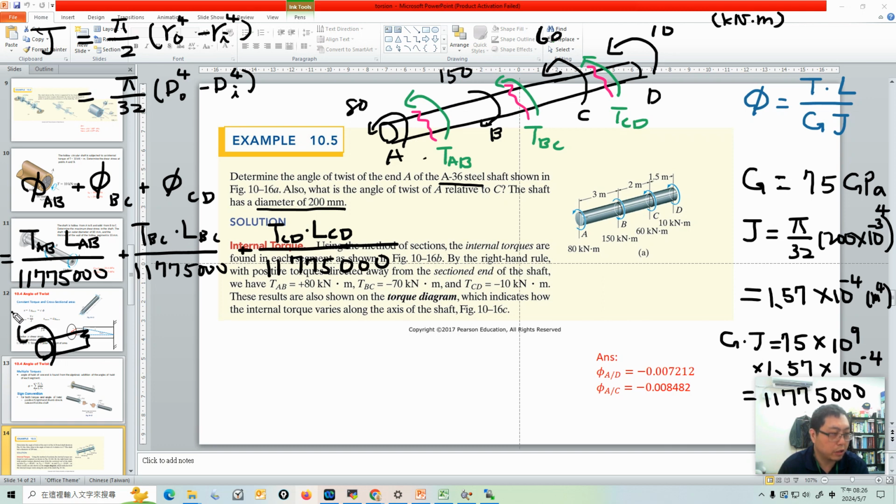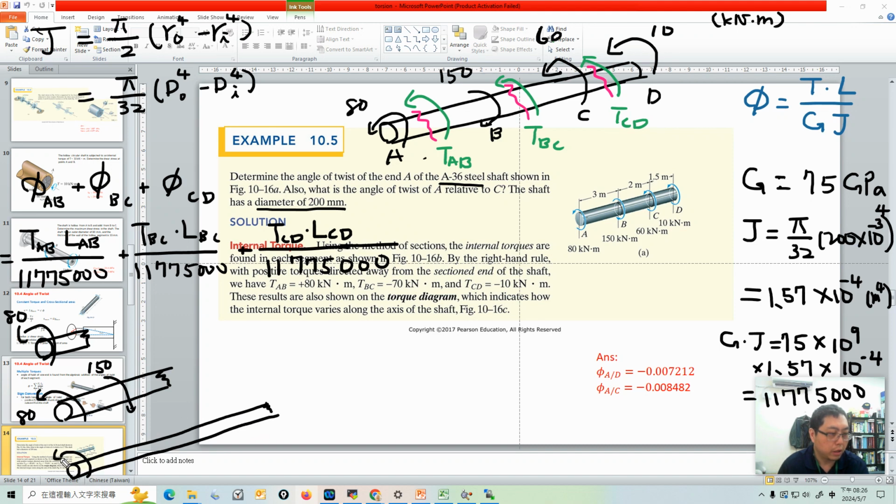So it's 80 here, and here is 80 and 150. And the final one is 80, 150, and 60.